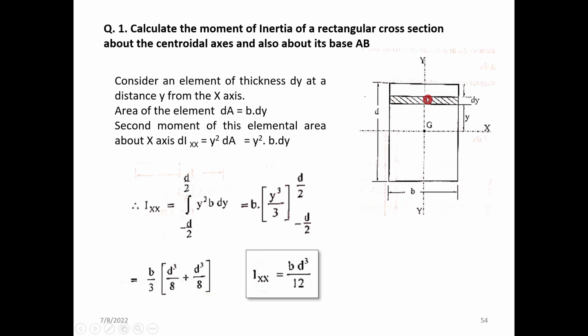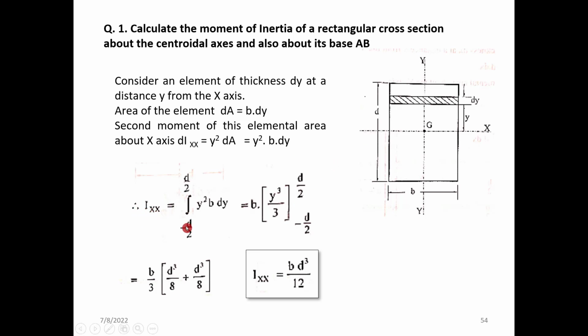Second moment of this elemental area about the x-axis is equal to y square into dA. Y is the distance from the x-axis to this elemental area considered. So y square into b into dy.